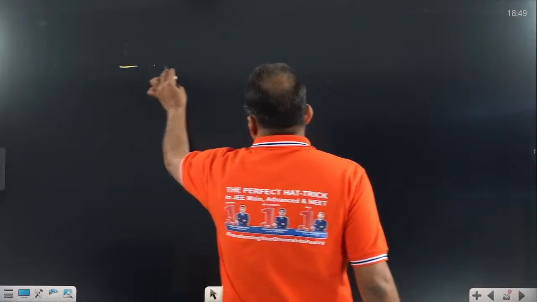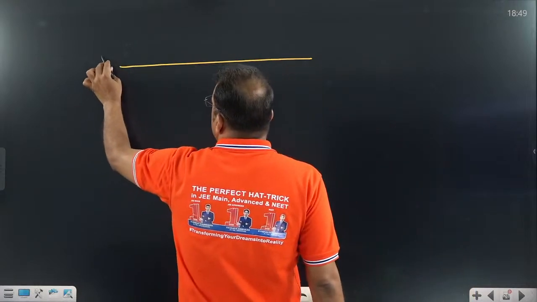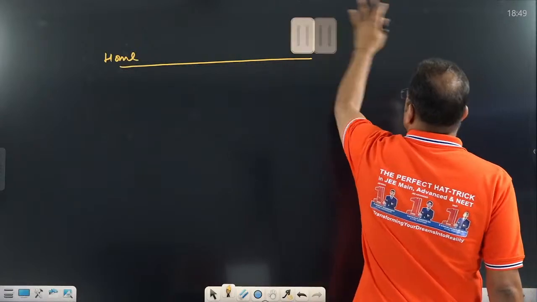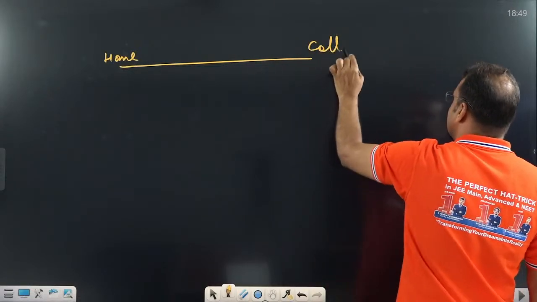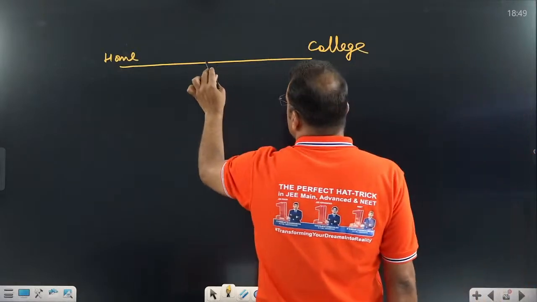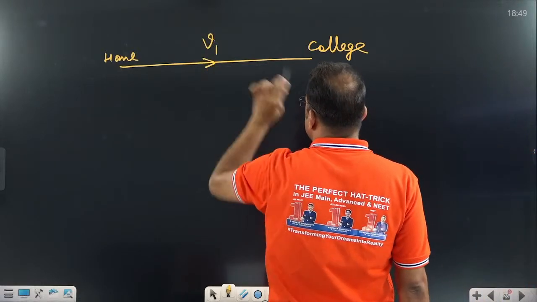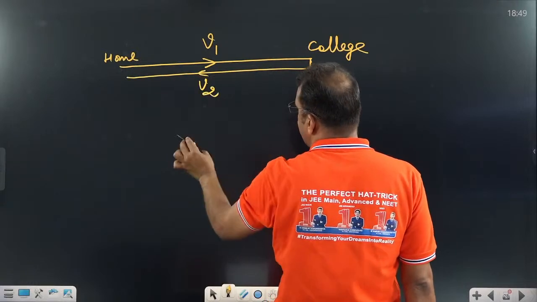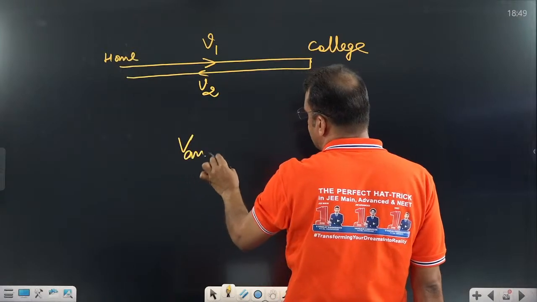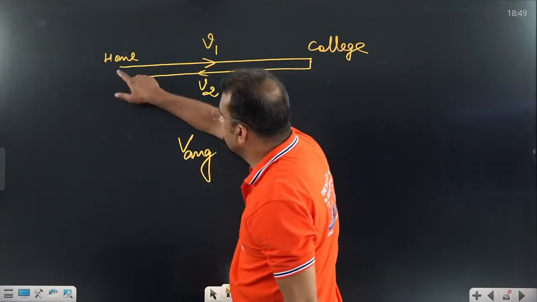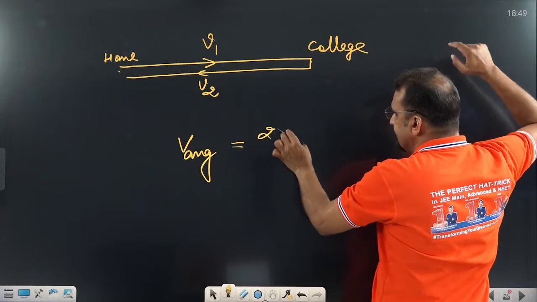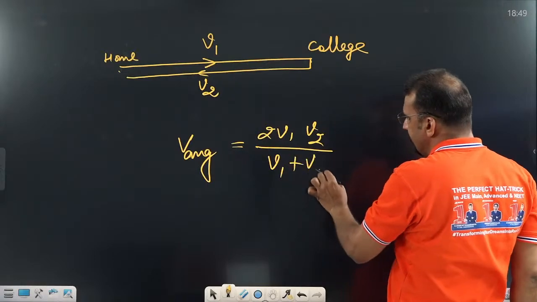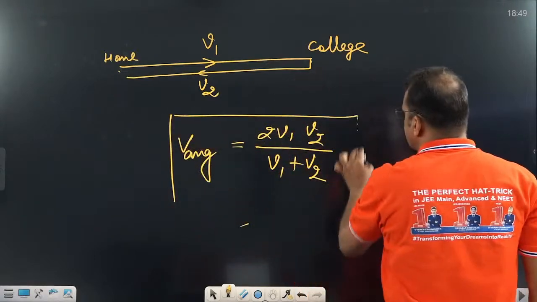Let us assume someone is going from his home to school. Or you can say college, not school. You are college boys, yes or no? He goes to college with speed v1 and comes back with speed v2. What is the average speed? Not average velocity, he is asking average speed. So you say, sir, both distances are equal. Which case is he asking? 2 v1 v2 divided by v1 plus v2. This is directly asked in your exam.